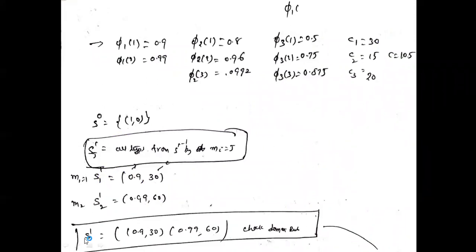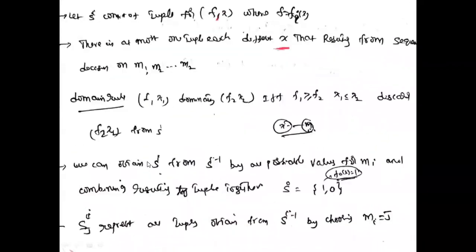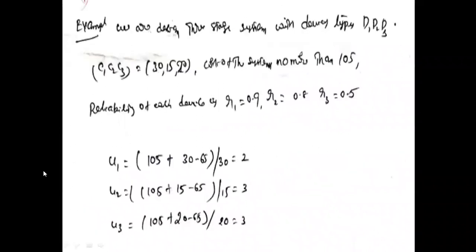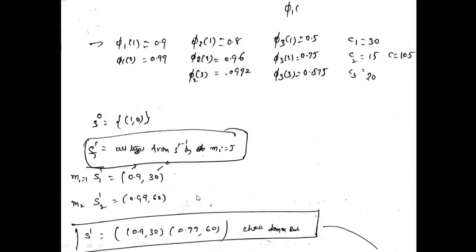So calculating S power I, S power I is obtained from S power I minus 1 by merging all possible values of M of I. That is the merging of 2 values, as already discussed in the previous slide, and we get 0.930 and 0.9930.